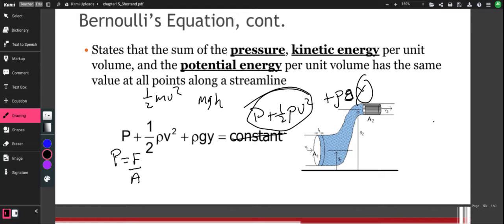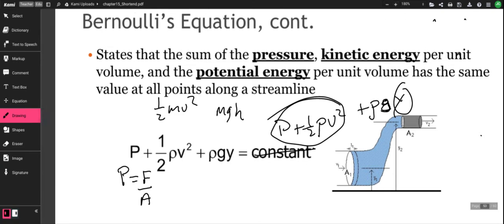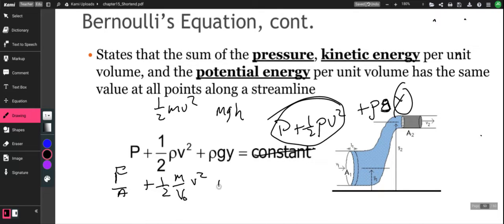So how does this come into play here? I'm going to erase what I have on the screen and rewrite this equation as force over area plus 1/2 the mass divided by the volume, times the velocity squared, plus the mass divided by the volume times gravity times y.